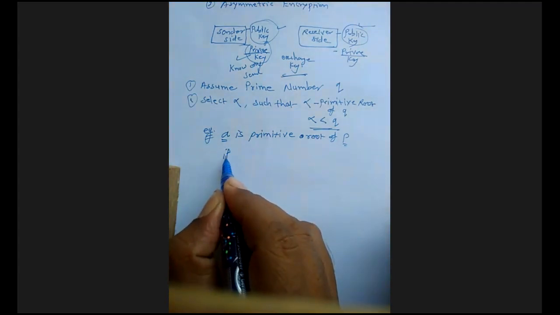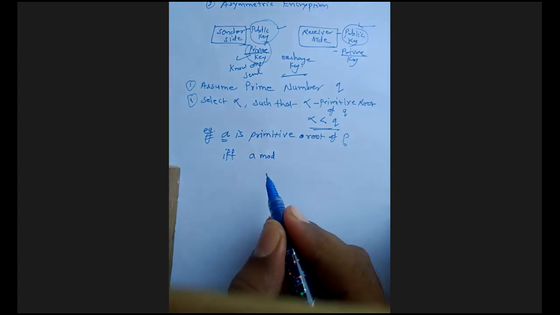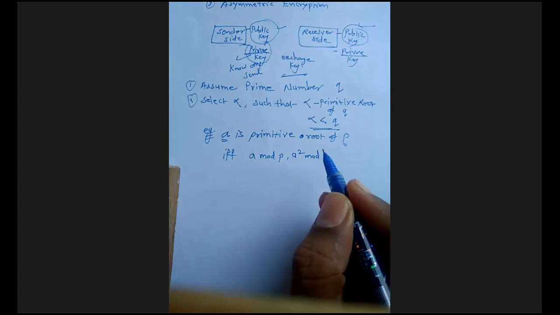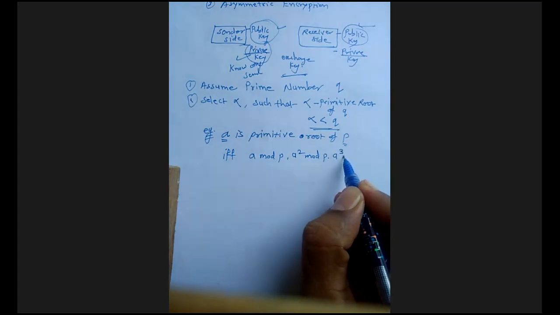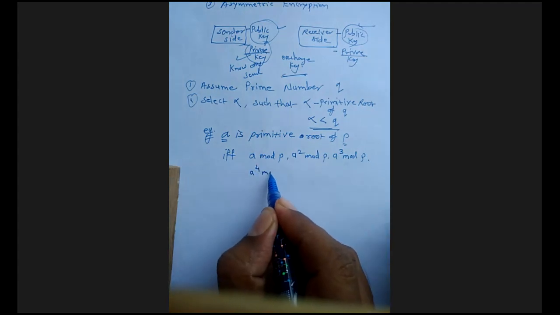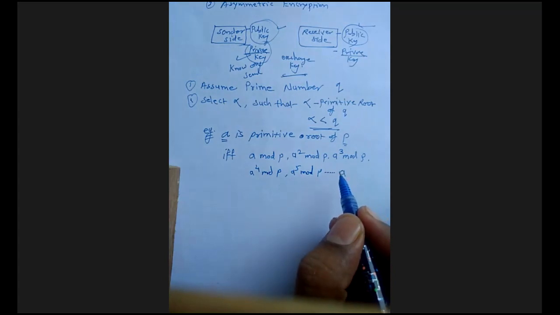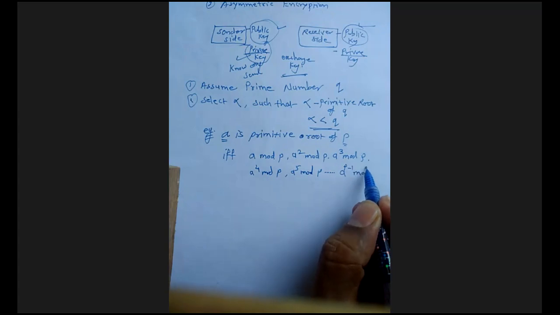If and only if A mod P, A square mod P, then A cube mod P, then A raised to power 4 mod P, then A raised to power 5 mod P, continue up to A raised to power P minus 1 mod P.